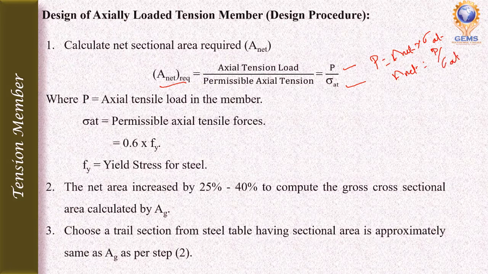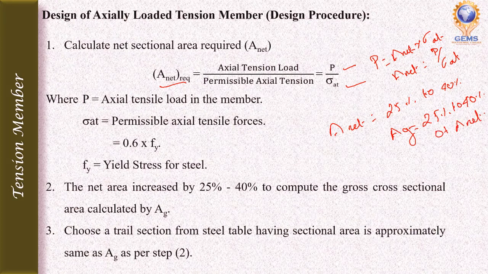From the area of net, the area is to be increased by 25% to 40% of the area of net to calculate the AG.